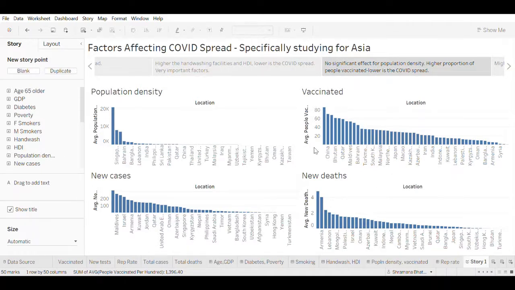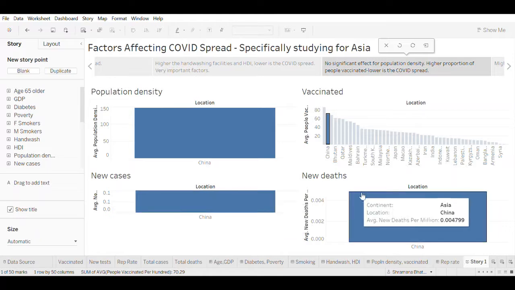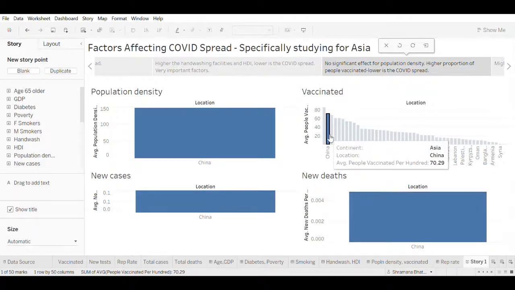Let's check for China. It's supposed to have very less new cases. Yeah, almost negligible. Okay, so yeah.